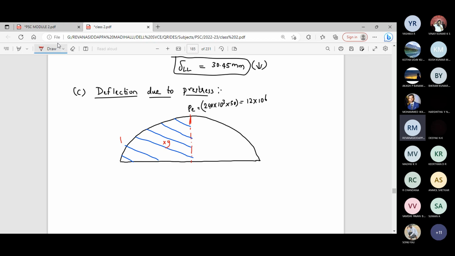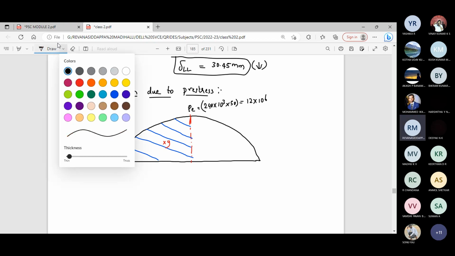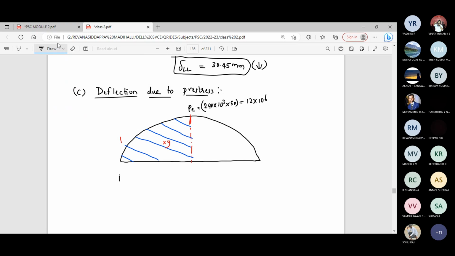So here the total length of the beam is given as 10,000 mm. Half of the length will be 5,000 mm. So the base width of the parabola is 5,000 and the height is 12 into 10 power 6.